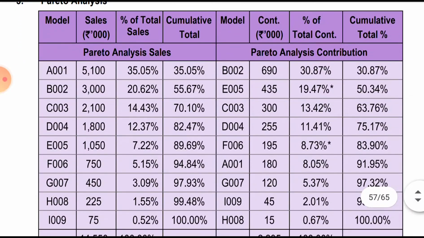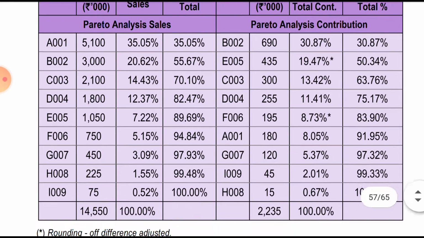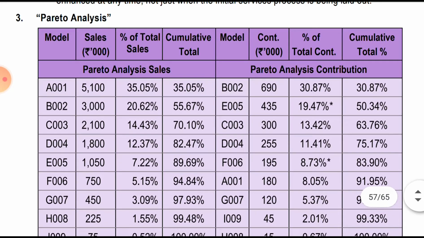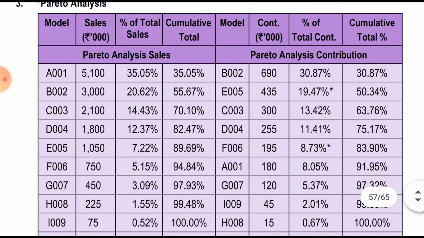See, model, then the sales figures they have given from highest to lowest, then percentage, then cumulative percentage, then again model for the contribution part. Then we have multiplied the PV ratio with the sales, so we find the contribution. On that basis we again arranged from highest to lowest contribution, then the percentage of the total contribution, and the cumulative.